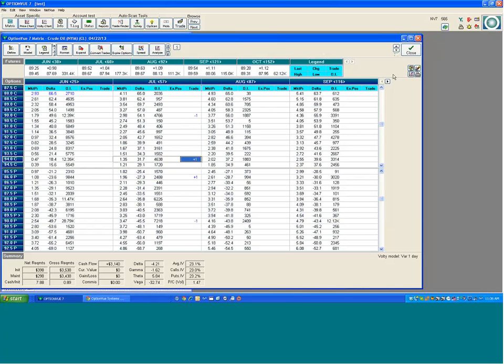Okay, let's see here. Let me close this. And let me also show you now, if you were bearish on the market and you anticipated an increase in implied volatility, you would want to do the following. You could go to the month of August, purchase the at-the-money, let's say the 90 put.